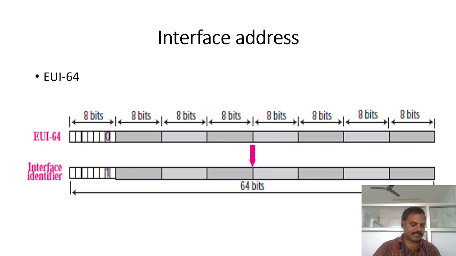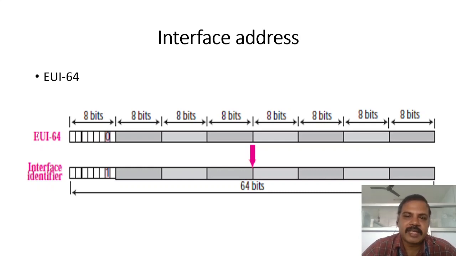Now coming to the interface identifier. In the interface identifier, it is 64-bit. In IPv4, the host ID will be decided by the DHCP server, or the router will be assigning the host ID.